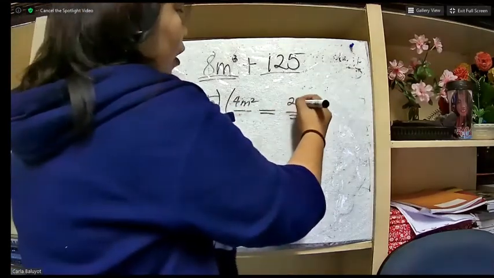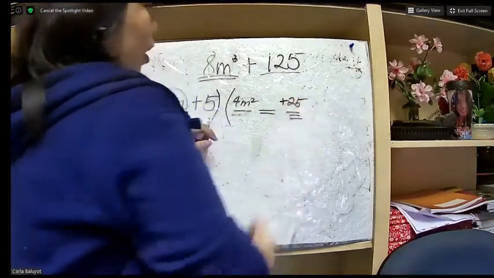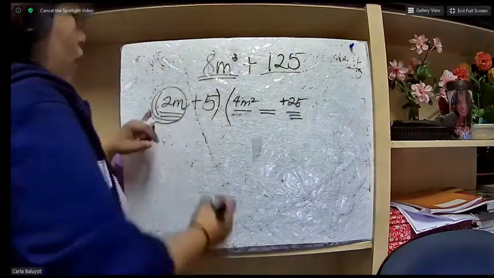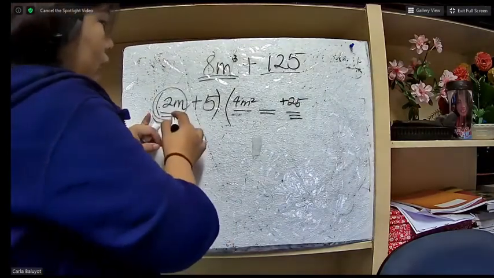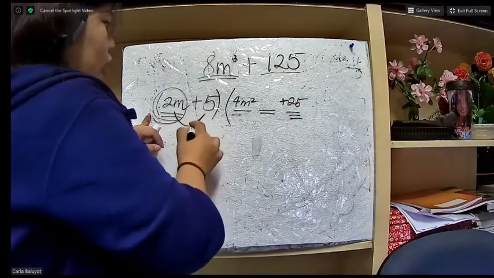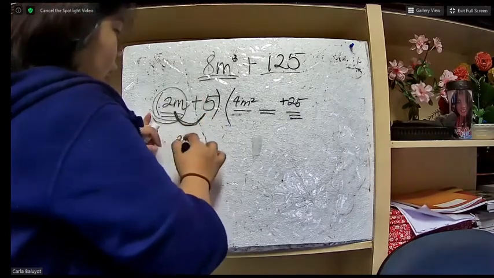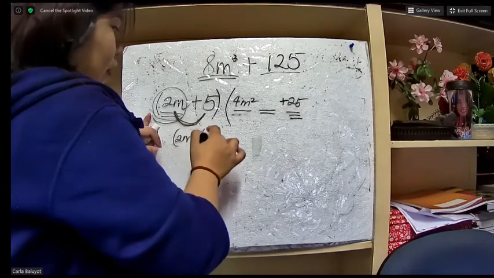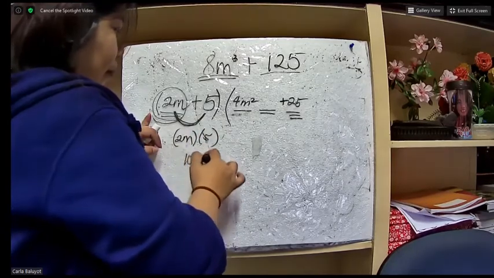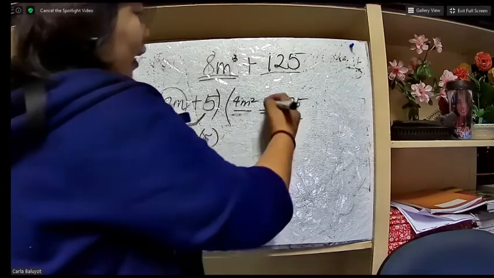That is positive 25. Then ita-times natin yung 2m times 5, that will be 10m.